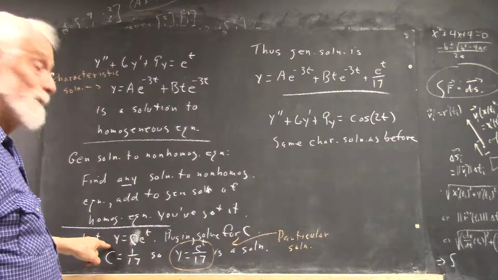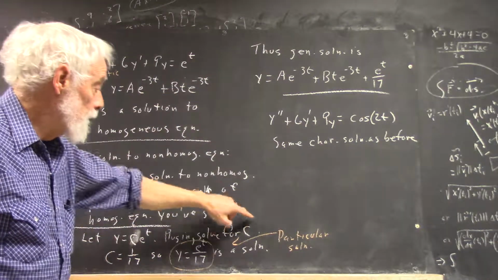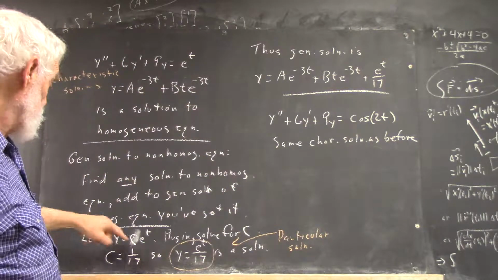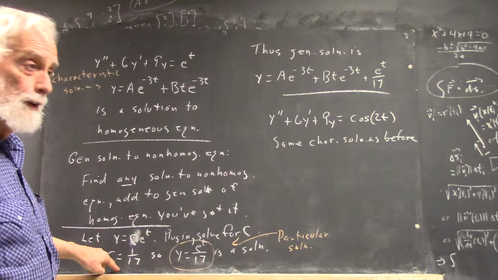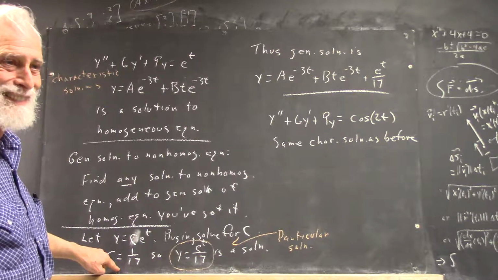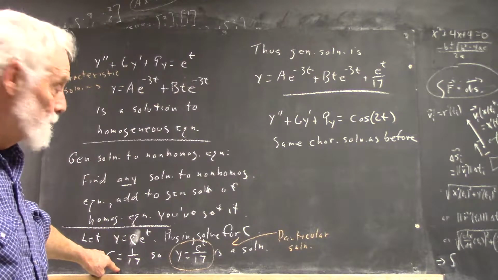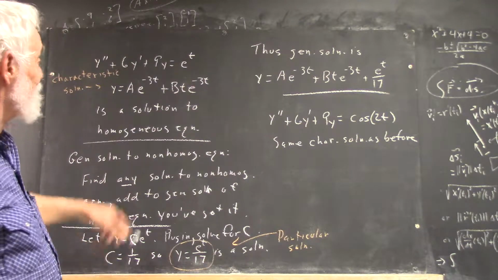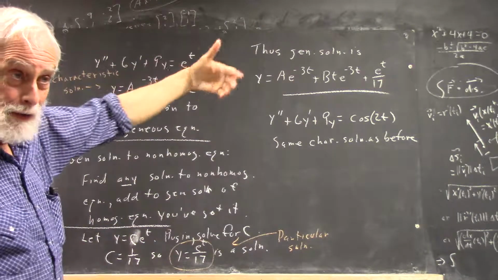So we try it. Let y equal some arbitrary multiple of e to the t. Plug that into the equation and solve for c, and we get c equals 1/17. And the details are so trivial that you all did it as soon as I asked you to. Not that you couldn't do non-trivial things, okay? Just plug this in, solve for c. All the e to the t's go away, you get a 1, a 6, and a 9, you get 17 e to the t.